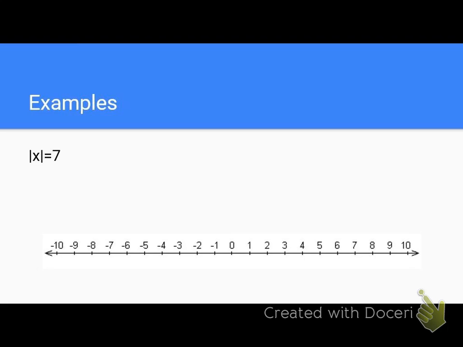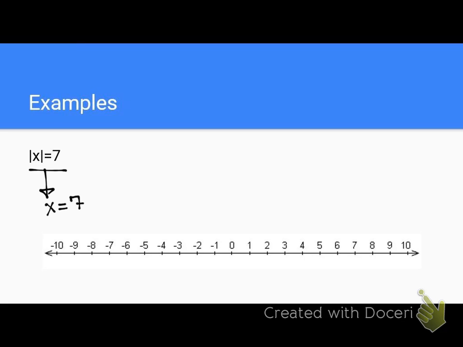Number one, absolute value of x is equal to 7. So we're asking ourselves, how many ways can x be, or can you be 7 units away from 0? So we first want to make sure we isolate the absolute value on one side of the equation. It already is. So we make two equations. Absolute value of x could be x is equal to 7.